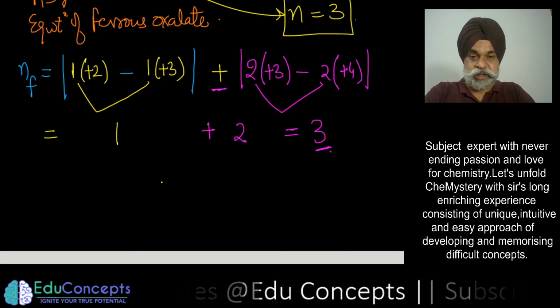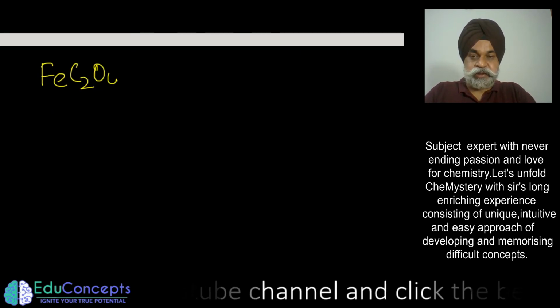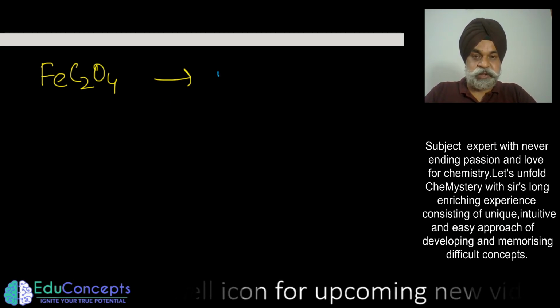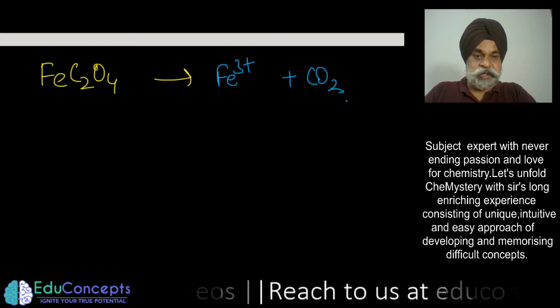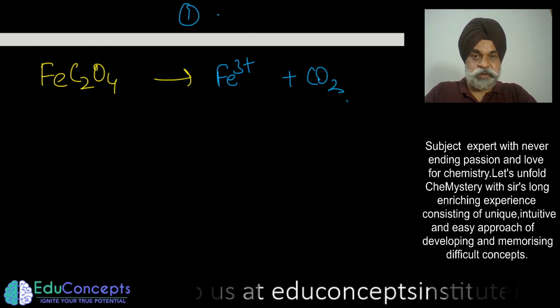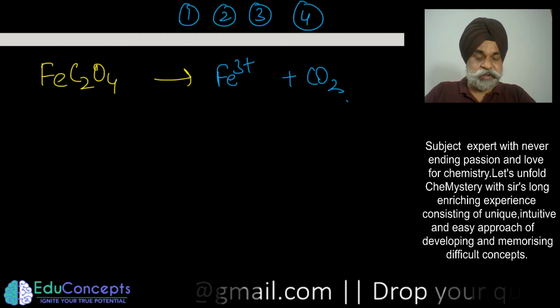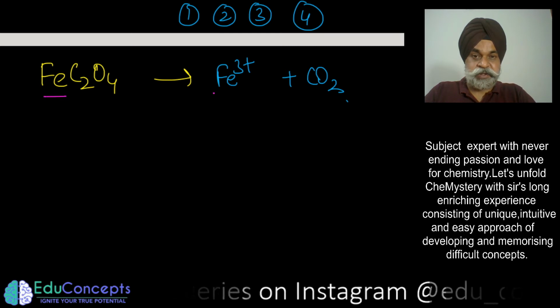In case you are not comfortable with this, you can of course go with the balancing also. If you want to go for balancing, what you simply have to do is write all the things here. So this is carbon dioxide. There were 4 rules, if you could recall: balance all other elements except oxygen and hydrogen. So I have to balance iron, which is 1.